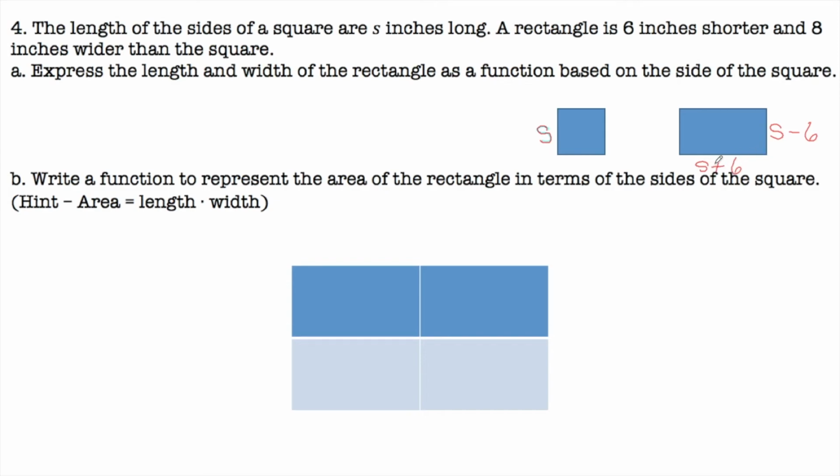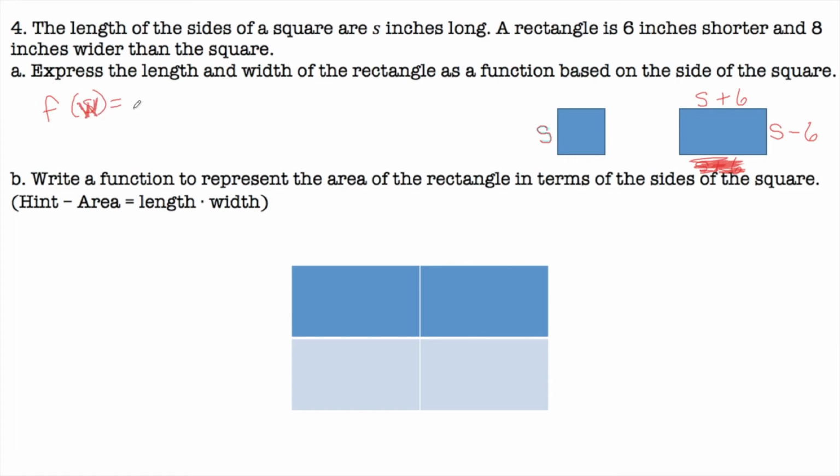Or let me see if it'll erase for me. No. All right, so I'm just going to write this up here. S plus 6, just because you can read it better if it's up there. And then it says express the length and width of the rectangle as a function based on the side of the square. So we have f of s for the width, should actually be f of w for the width.